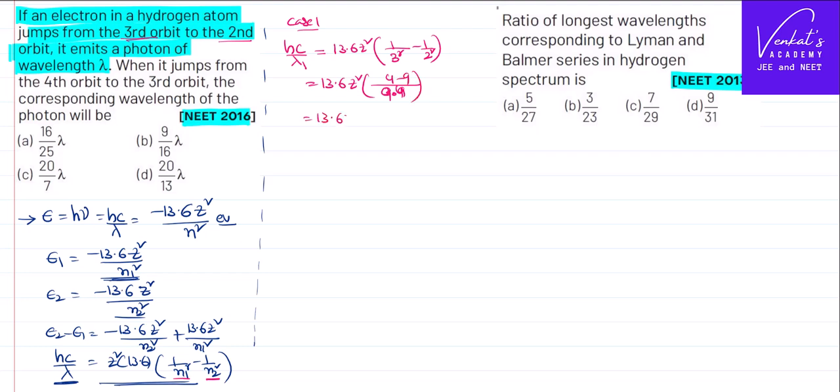So 13.6 Z square times 5 divided by 36. That is hc by lambda 1, that's case 1.